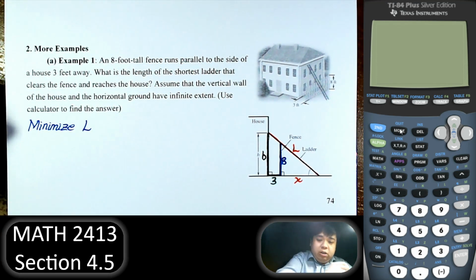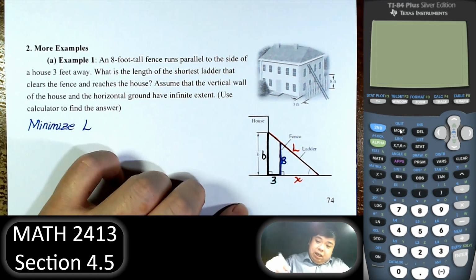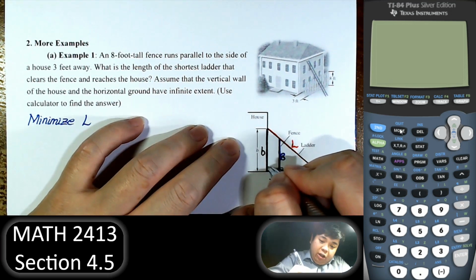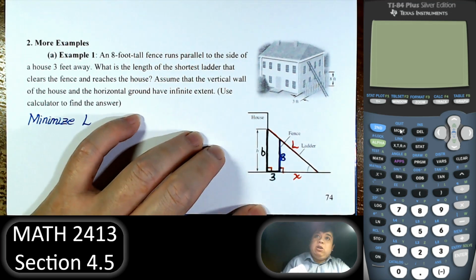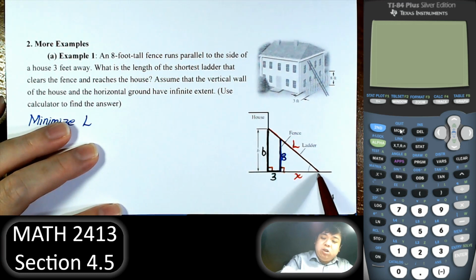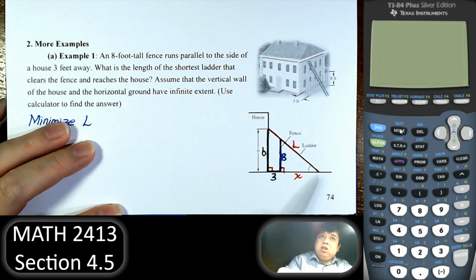Now, what is the function in terms of x? One thing we know, like I said, is to assume that the wall is perpendicular to the ground and the fence is also perpendicular to the ground. So what we do here, we see one big triangle. L squared is equal to b squared plus (x plus 3) squared, right?